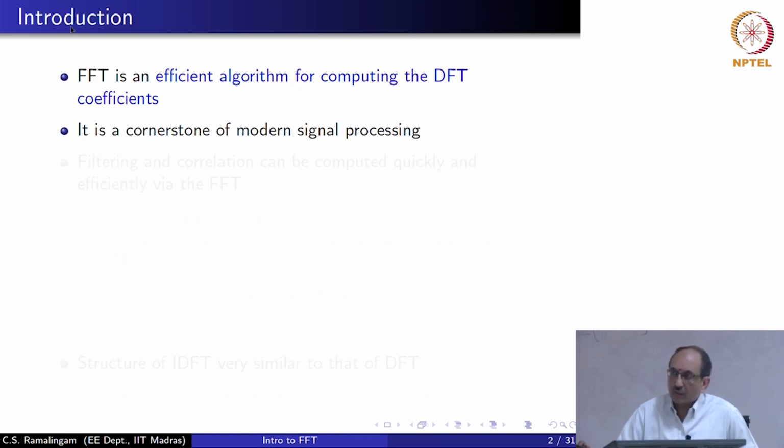In 1965, the FFT algorithm was discovered, and that really turned signal processing upside down, which was until then a curiosity, not of much interest because it did not have much practical use. It did not have much practical use because the implementation turned out to be extremely computationally burdensome.